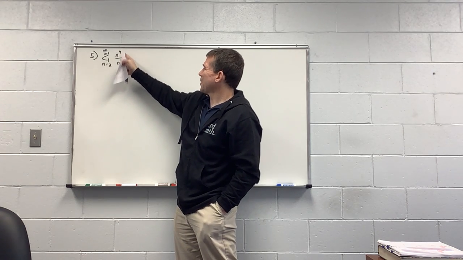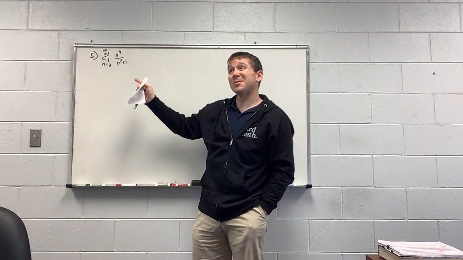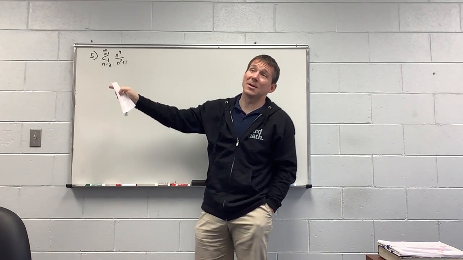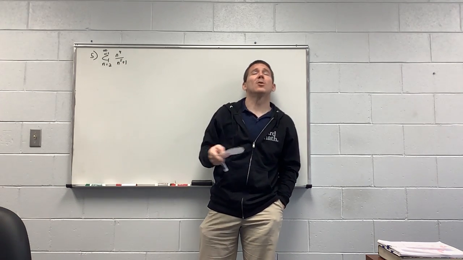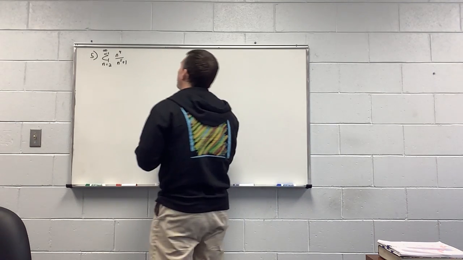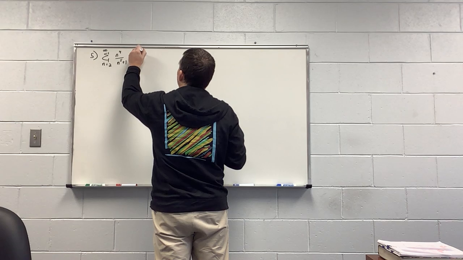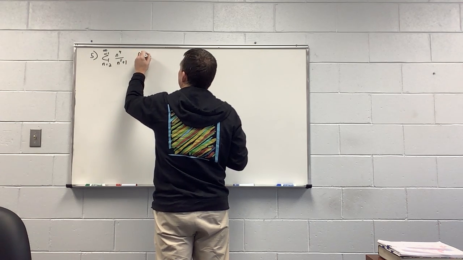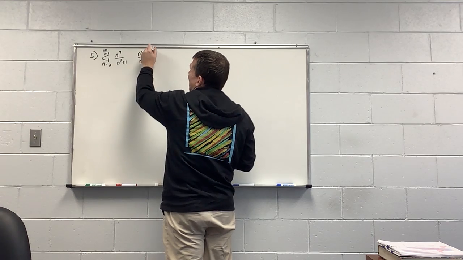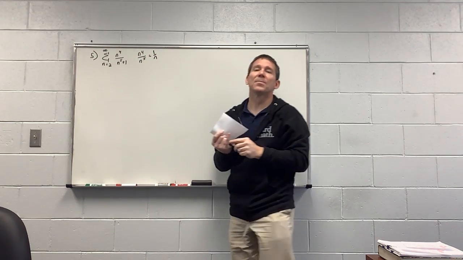Ultimately, that's a 4th degree on top, that's a 5th degree on bottom. So what would dominate here? The 4th degree here, the 5th degree here. Which means ultimately, if I simplify this down, it's really just a 4th degree polynomial over a 5th degree polynomial. The leading terms, the highest powers will dominate, but that's really just 1 over n.